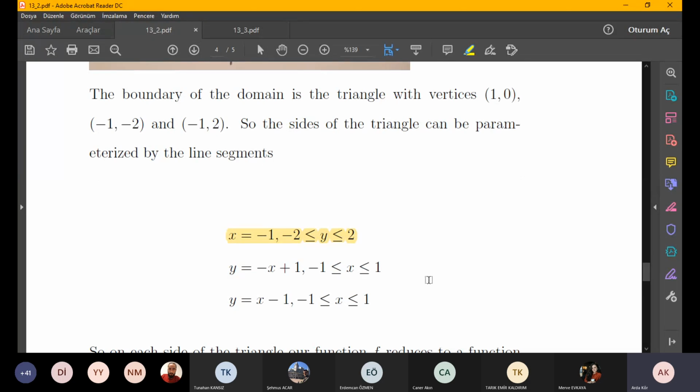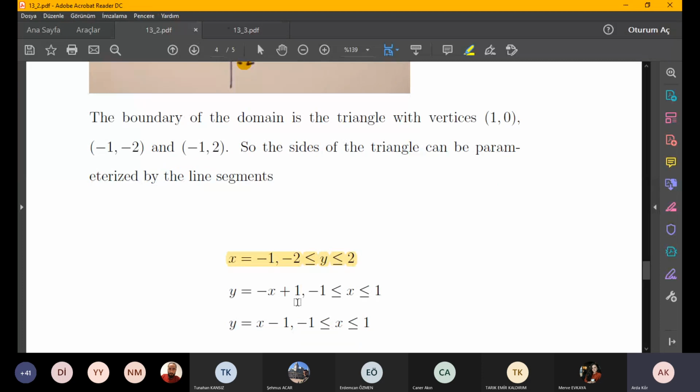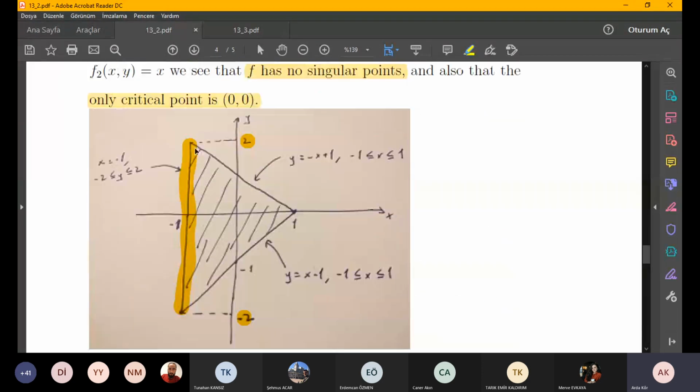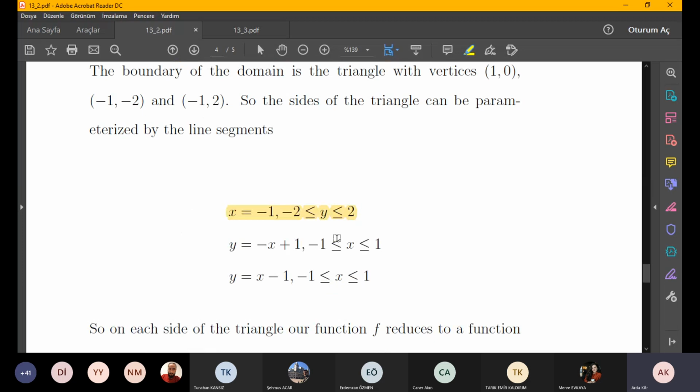And the second one will be y equals minus x plus 1, this line, with x values in between minus 1 and 1.